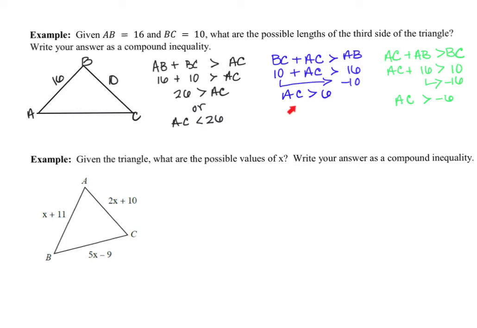So numbers like 1, 2, 3, or 4, even though they're greater than negative 6, they're not greater than 6. So then that means our answer has to be in between these two numbers. So this means that AC has to be less than 26, but greater than 6.